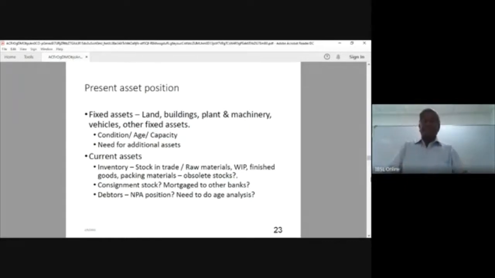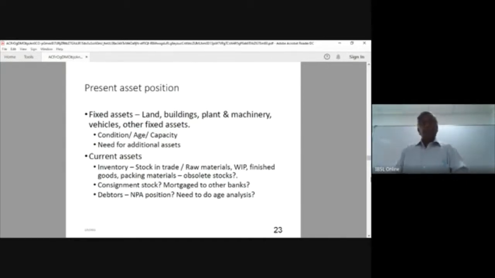Then the debtors. Debtors means this customer would have sold items on credit to various customers. This particular customer, where you are doing the inspection, would have sold his products to various customers on credit. That is shown in the books as trade debtors, or amount receivable.